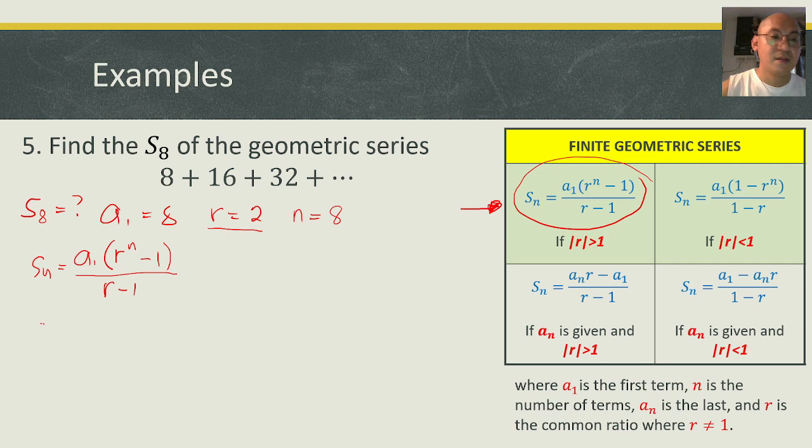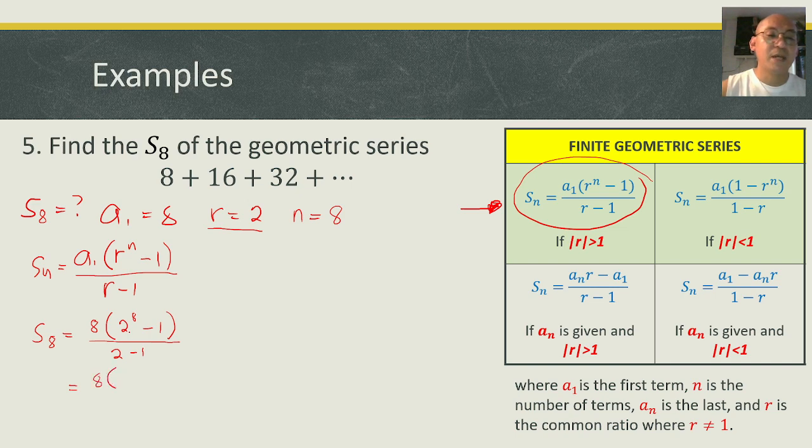Substitute the given. The series of 8 terms is equal to 8 multiplied by your r, which is 2, raised to the n value, which is 8, minus 1, over 2 minus 1. So evaluate.